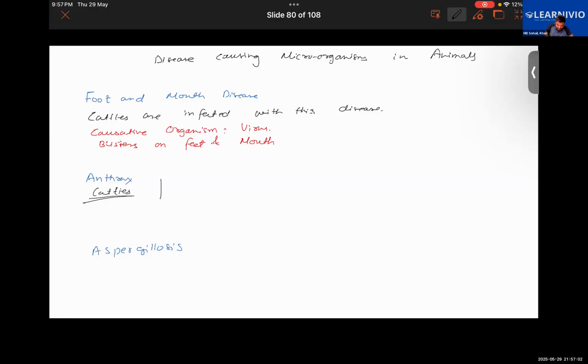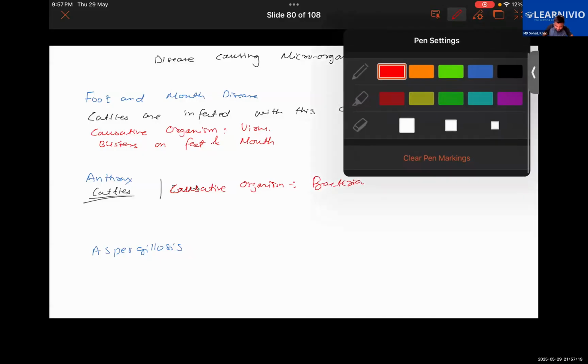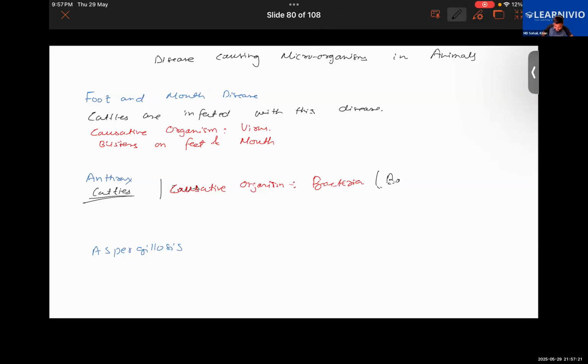Then talking about the causative organism, that is a bacteria, and the name of the bacteria is Bacillus anthracis.